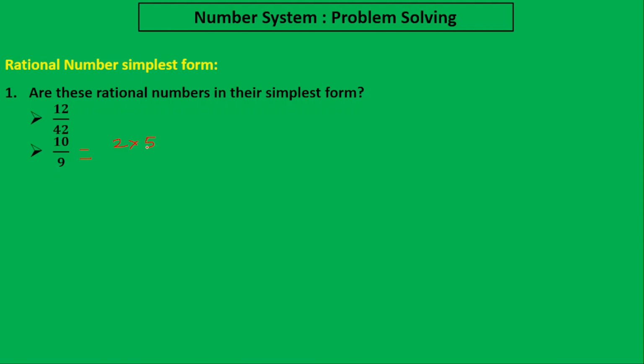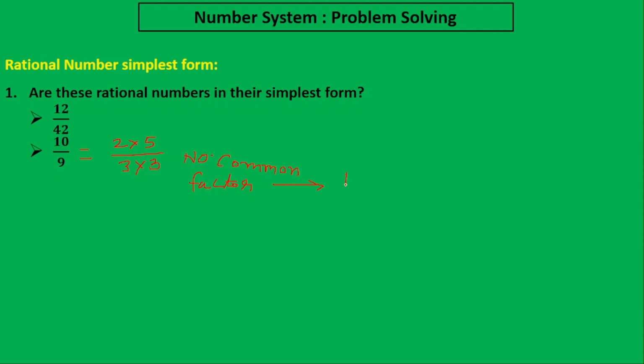Two times 5, 3 times 3. So nothing is common between these 10 and 9 numbers. Hence no common factor. So the number is in its simplest form.